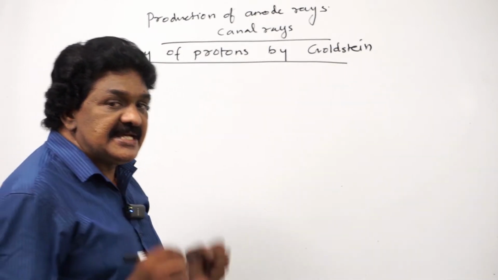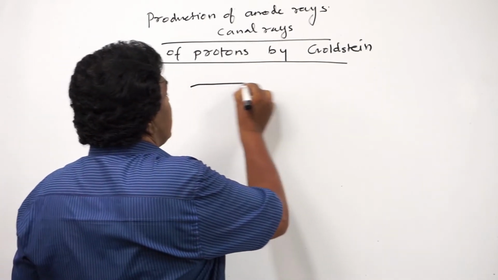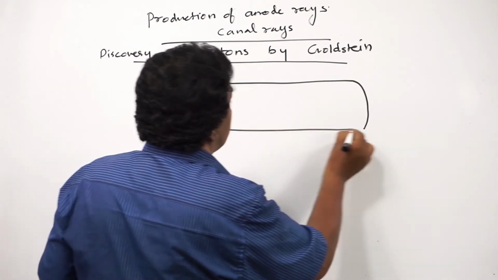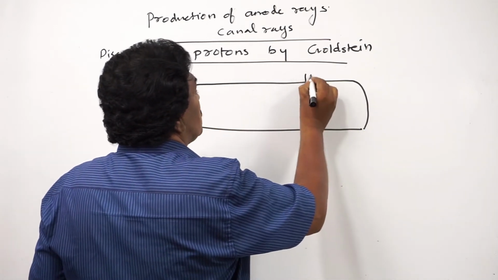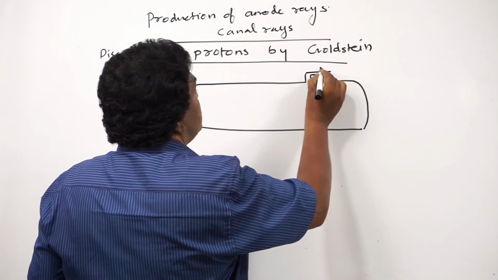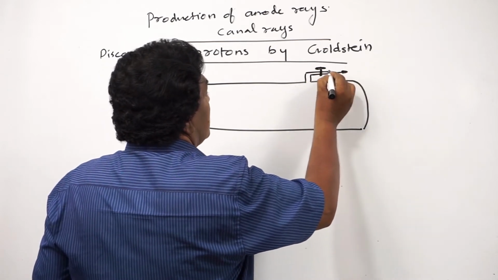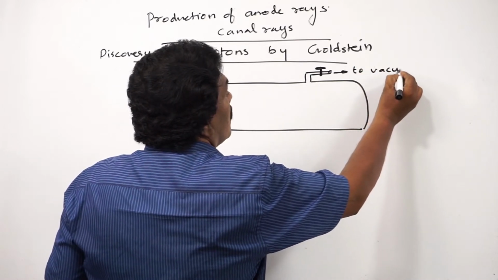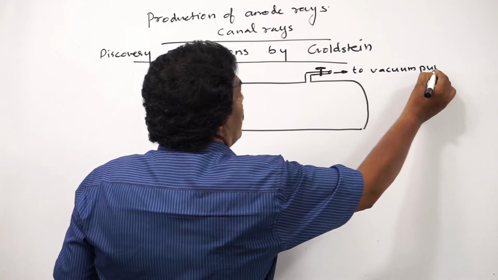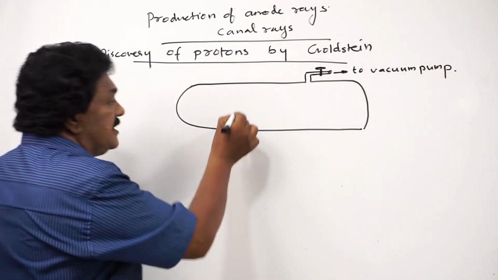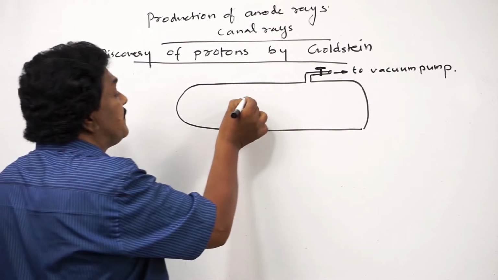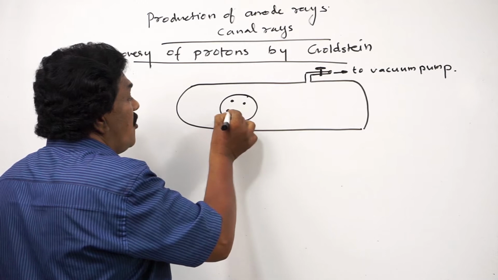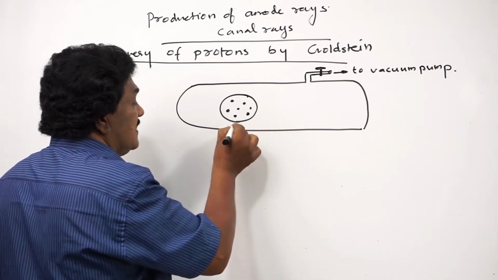The apparatus used is as shown in the diagram. It consists of a discharge tube which is connected to a vacuum pump to reduce the pressure inside the tube. There is a perforated cathode, that is a cathode with small orifices or small pores like this.